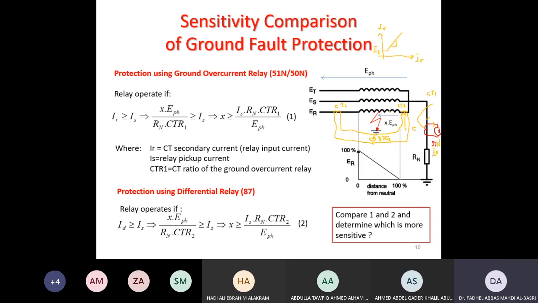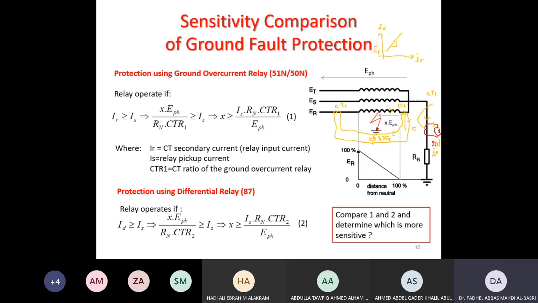So what will be the current in the fault? As we found, when you have a line to ground fault, I have a current here. And also I'm assuming now these are not connected at this side, so the current here is 0. So that current will be reflected here and go to the relay.